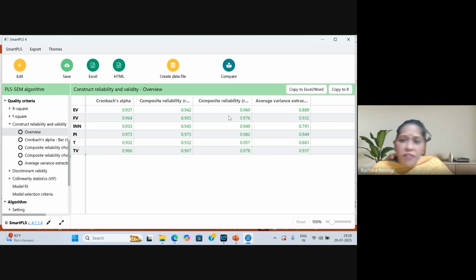The threshold value of CR should be more than 0.7. You can note down somewhere: the threshold value of AVE is more than 0.5 and the threshold value of CR is more than 0.7. In my model, the value of AVE is more than 0.5 and the value of composite reliability is more than 0.7. I have checked basically one thing, which is called convergent validity. Is it okay?